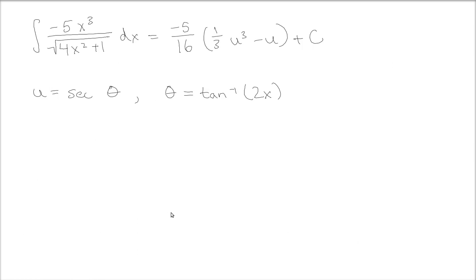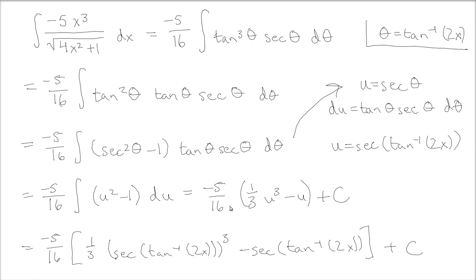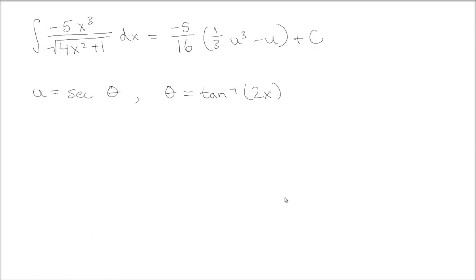So here I've just rewritten my original integral, and then this is the next to last step that we had on the last page. So this is this part here. And reminding you that u is the secant of theta, and theta is tangent inverse of 2x.